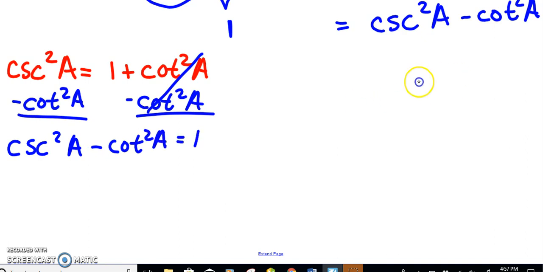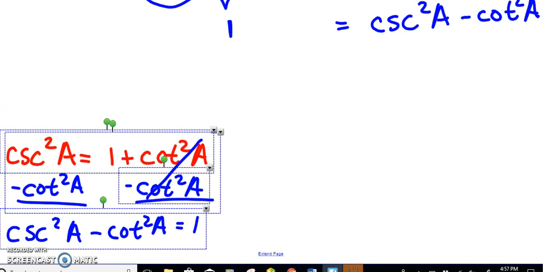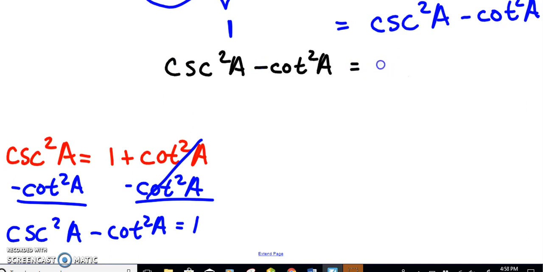Okay, and isn't that what we have right here? Yes, it is. So I'm going to move this down so I can have some space. What I'm going to do is take this part here and substitute it in for 1. And look at that, it does equal each other.